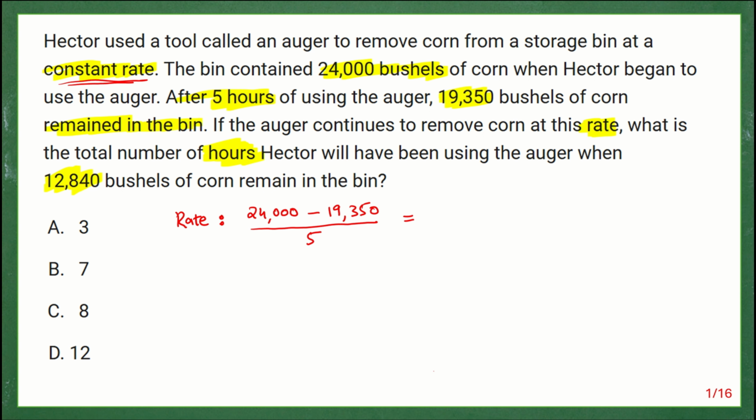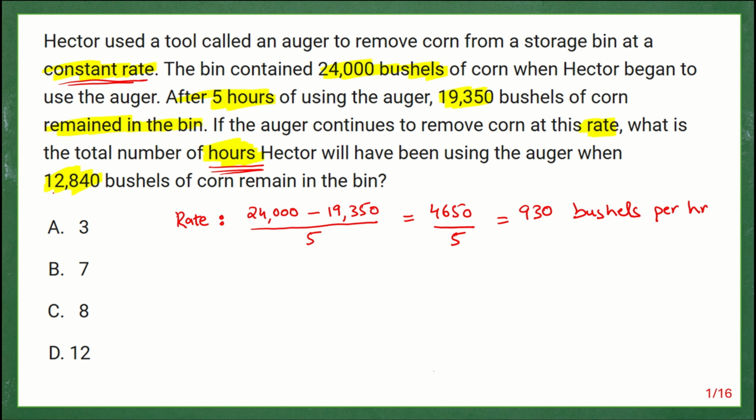If we do the math here, this becomes 4650 divided by 5, that is 390 bushels per hour. So this is the rate at which this tool is removing the bushels from the bin. Now, if Hector continues to remove the corn at this specific rate, what is the total hours that we are looking for?